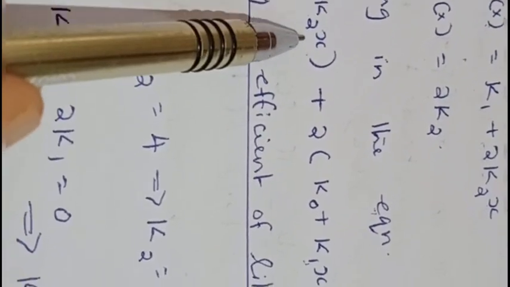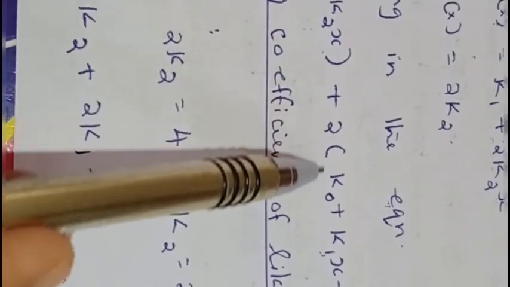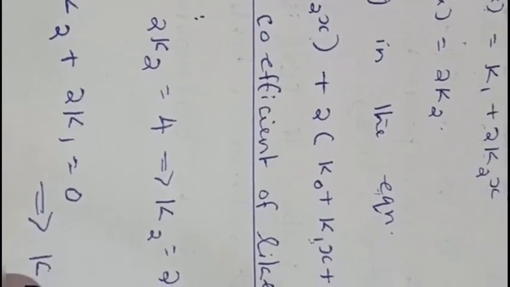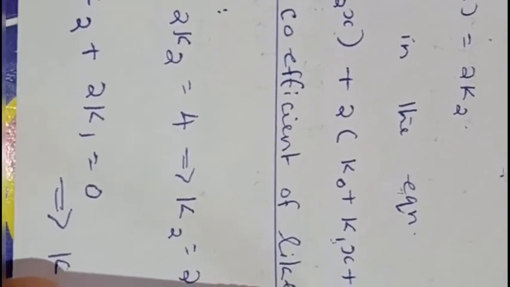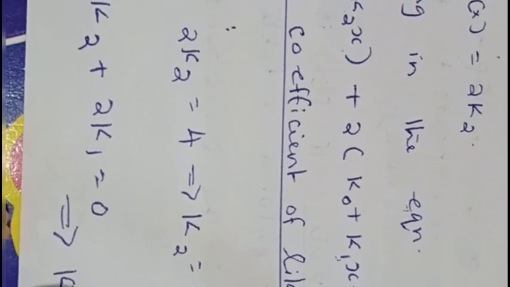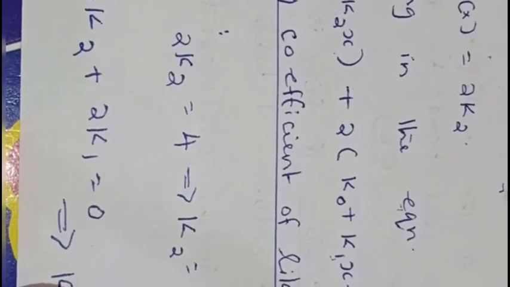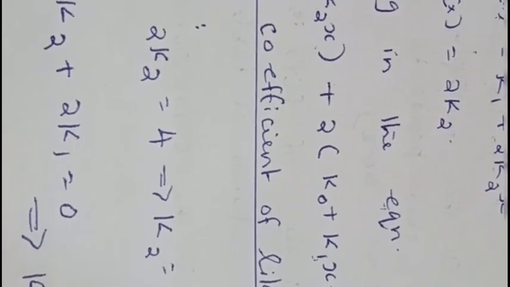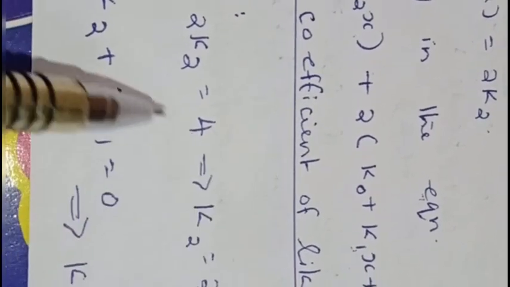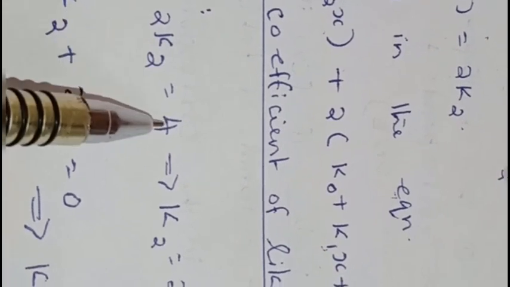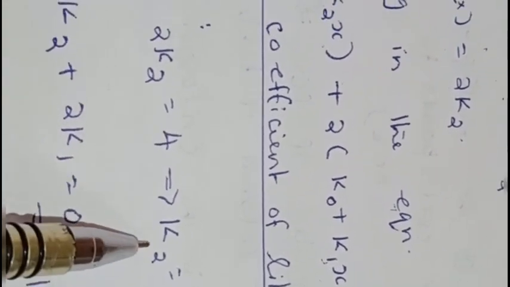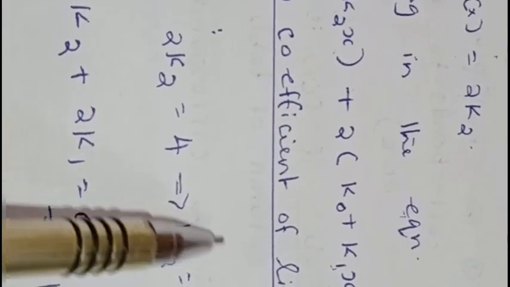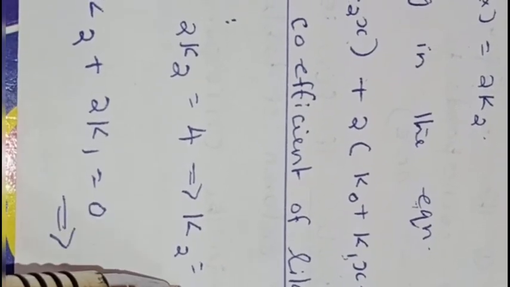Here, 2 into k2 x square is the only term containing x square, whose coefficient is 2k2, and on the RHS, x square has coefficient 4. On equating both sides, we have 2k2 is equal to 4, and from this k2 is equal to 2.